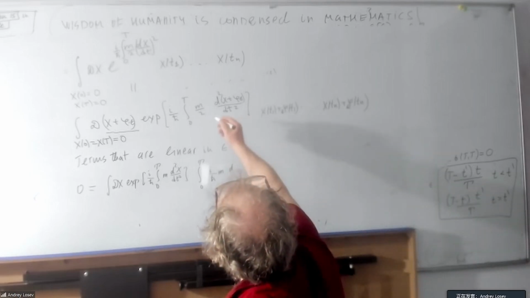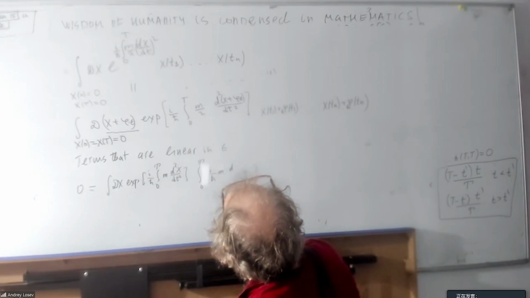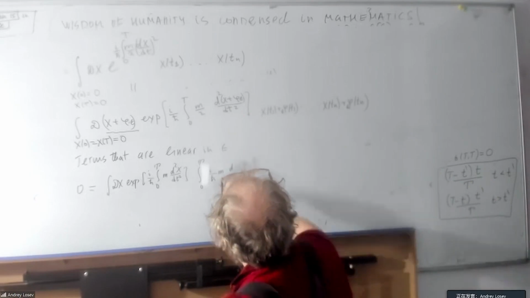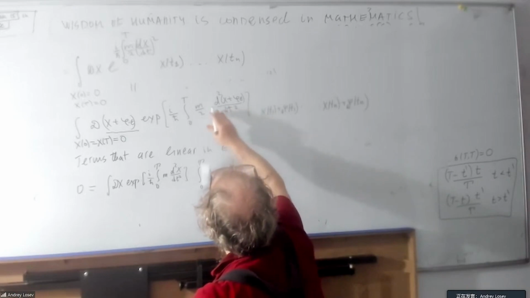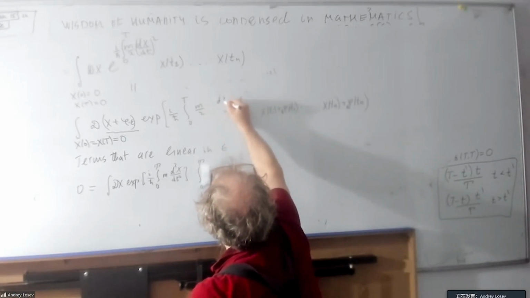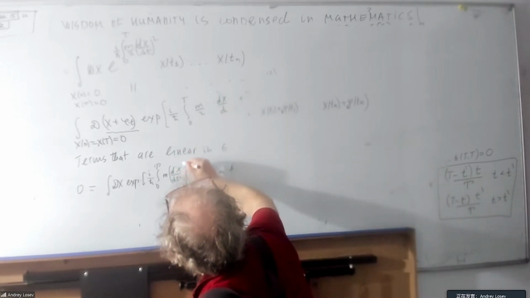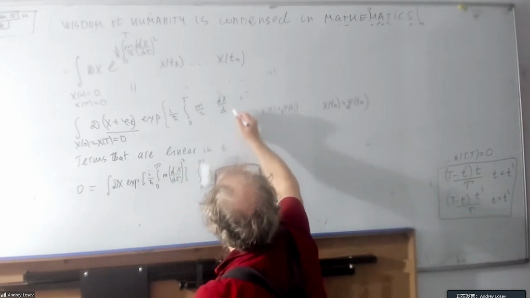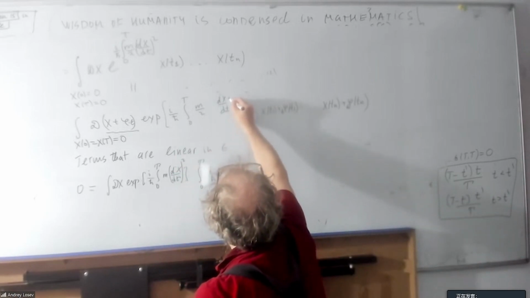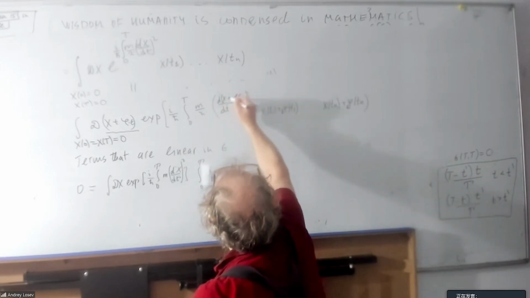I can easily integrate by parts here. Sorry, I wrote it wrong. So here I have dx over dt squared.